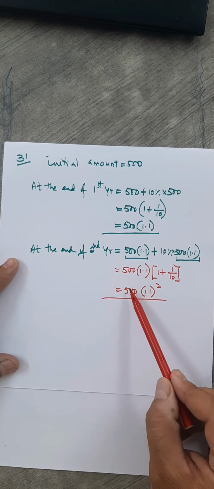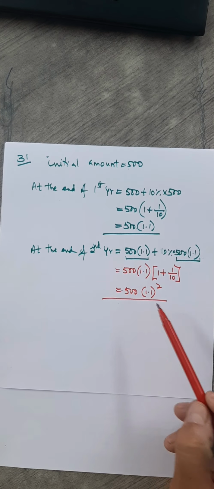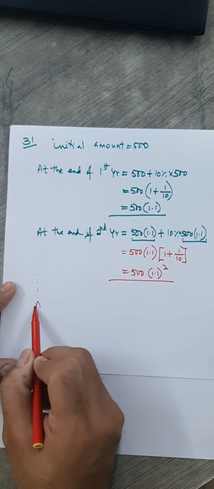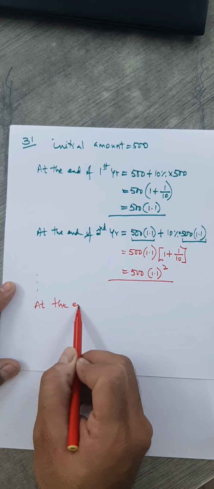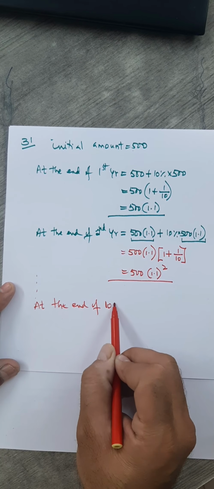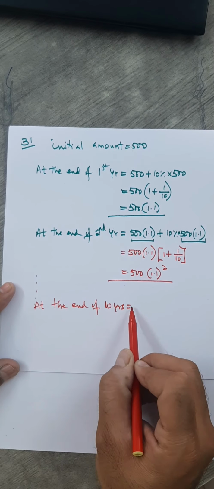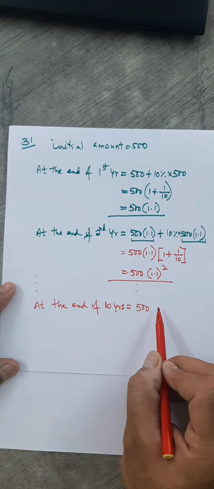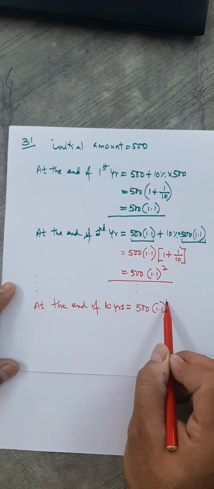You can see that it is forming a geometric progression, A into R square. Now you can generalize: at the end of 10 years, it will be rupees 500 into 1.1 raised to 10. Right?